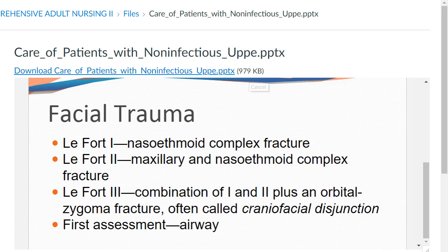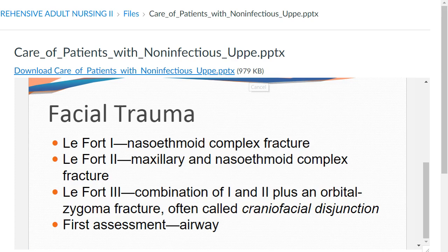And when we talk about facial trauma, it's always described by the specific bone that's involved, whether it's the maxillary, the orbital, the mandibular, which is probably the most common type of facial fracture. That is our lower jawbone.